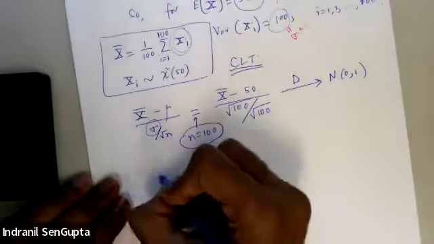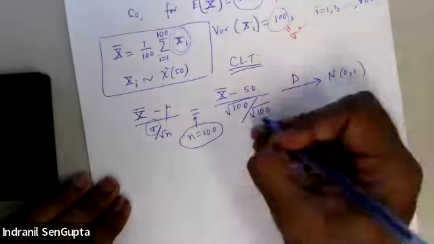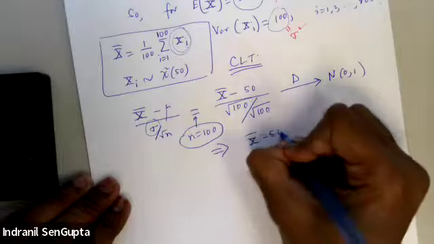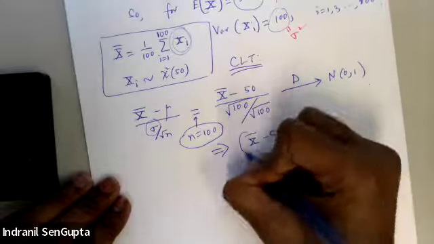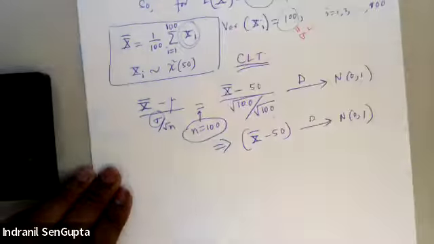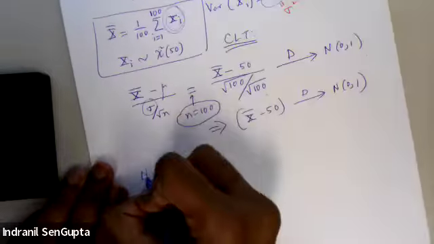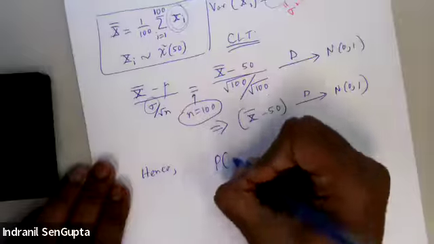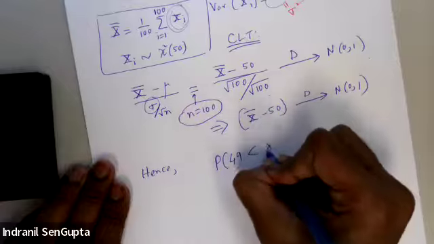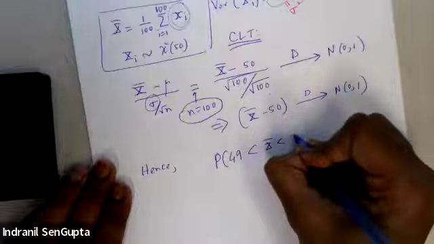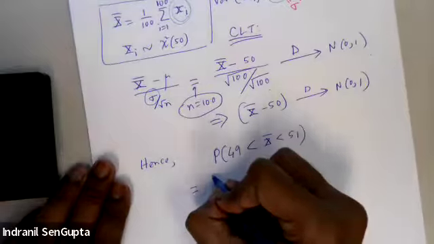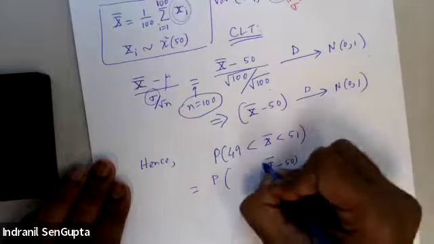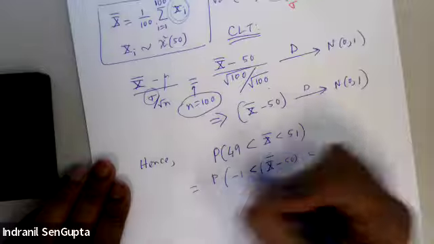So x bar minus 50 is converging in distribution to the standard normal distribution. Hence, if I compute the probability of 49 less than x bar less than 51, that is the same as the probability of x bar minus 50 being between minus 1 and 1.